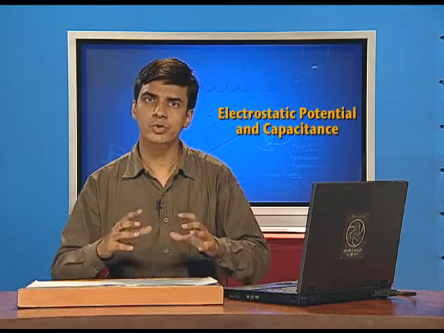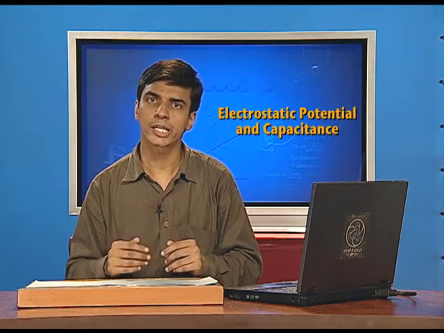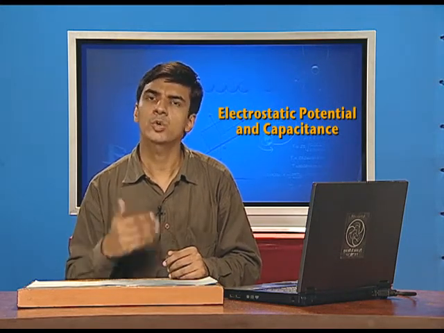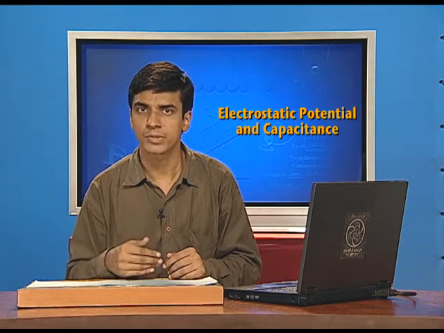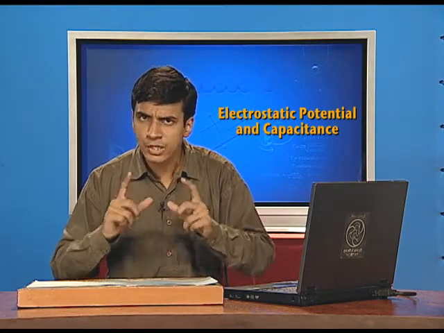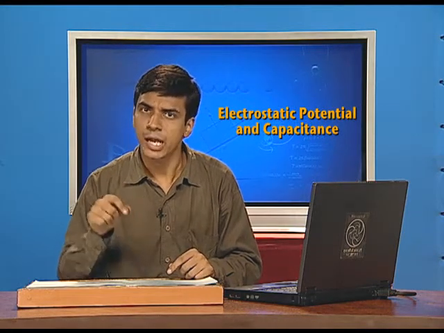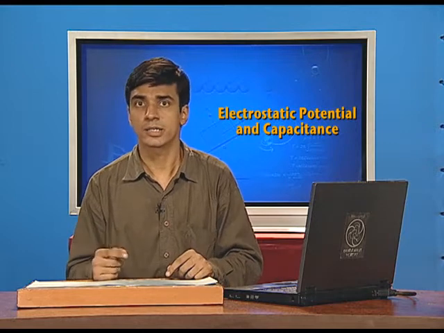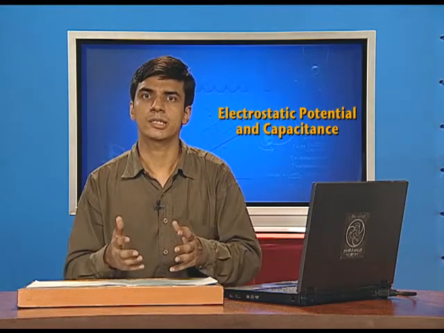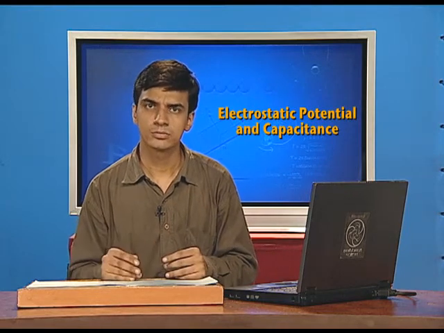So what happens to the energy that I am imparting, or the force that I am giving to the charge to counter that repulsion, that is the Coulombic repulsion? Actually, that energy gets stored in the form of potential energy at that point, and then I say that this is the electrostatic potential of this charge at this point.